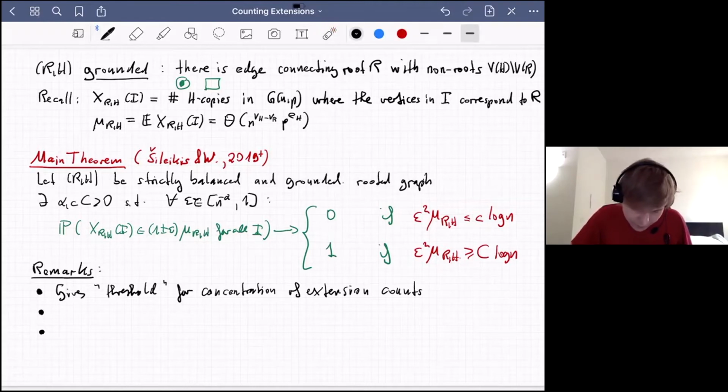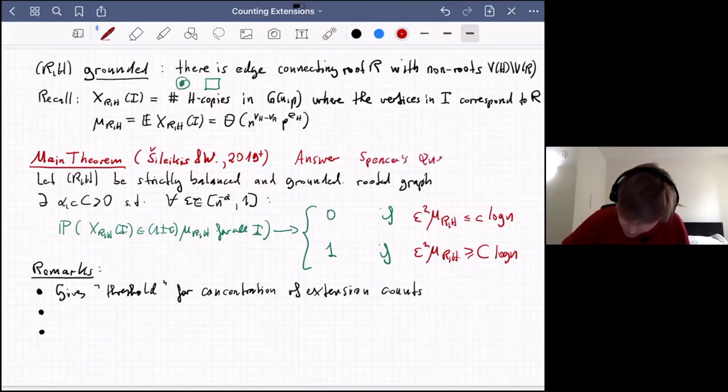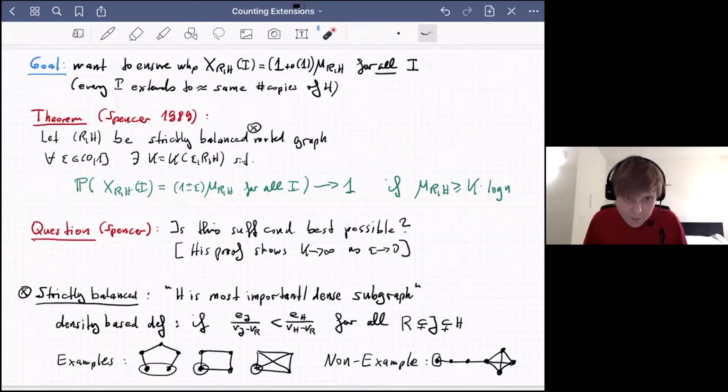Let me also point out that this really answers Spencer's question. If we go back one slide, remember that he proved that if the expected value is at least some big constant times log n, you get the 1 statement.